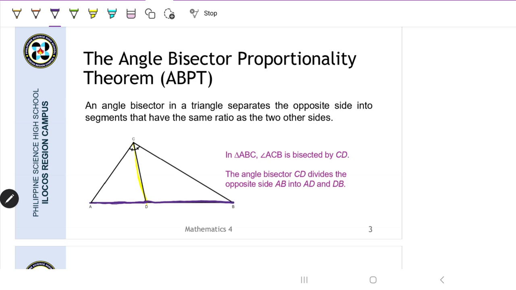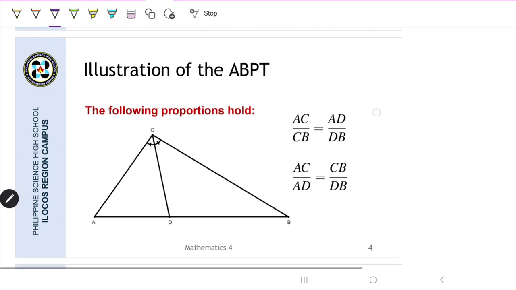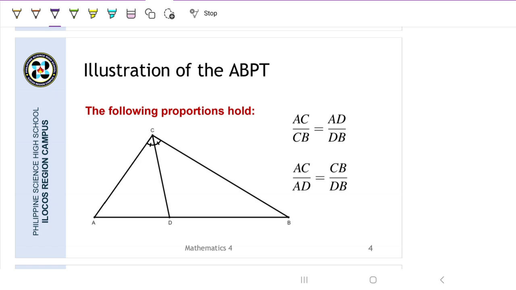Now by the ABPT, we can say that the following proportions hold. AC over CB is equal to the ratio of AD over DB.